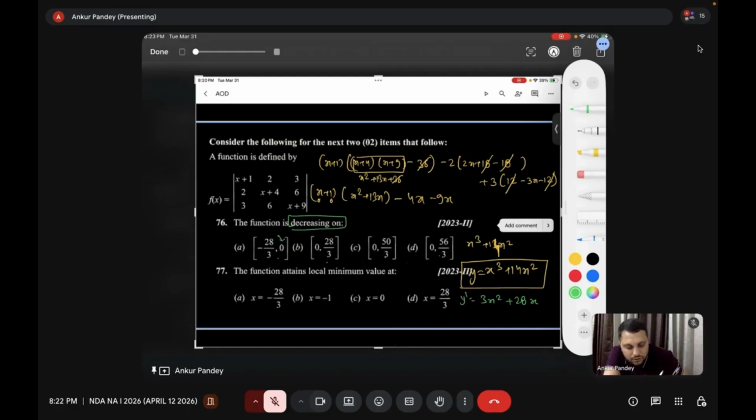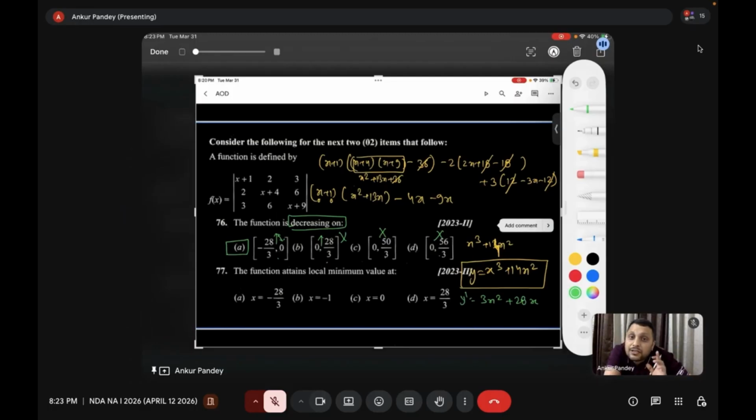Clear? So in this area comes negative 1. In this area comes positive 1. If I use positive 1, I will get a positive differentiation. Decreasing, no. Yes. Clear? For differentiation, negative. That is decreasing.